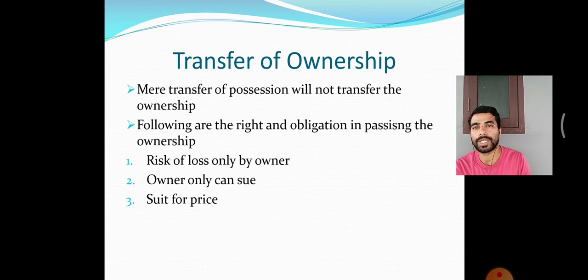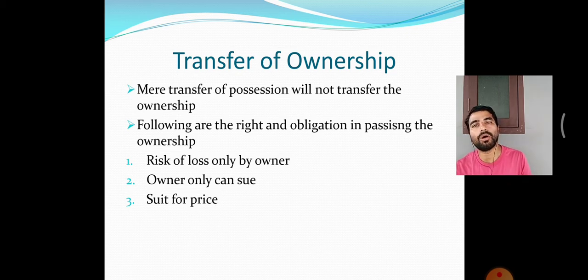Sometimes, if ownership is not passed by the seller to the buyer, he would have transferred the possession, but the seller would have kept the ownership. In that case, the risk is vested with the seller. If the seller passed the ownership to the buyer, then the buyer should bear the losses. So the loss should be borne by the owner, either the seller or the buyer.